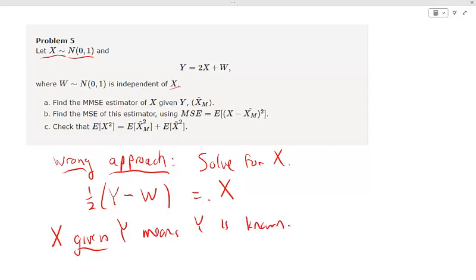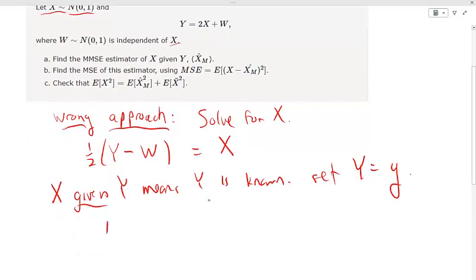So let's just set capital Y equal to little y. Henceforth, if we know y, then y should be treated as a specific value. So then here we would get 1/2 times y minus w is equal to x.